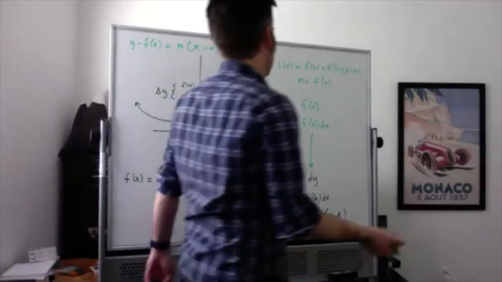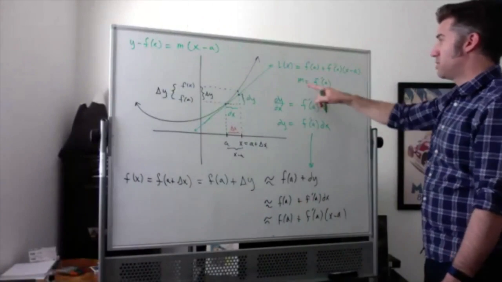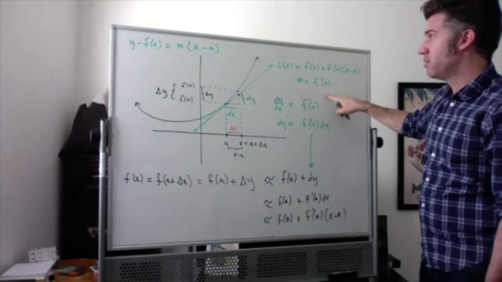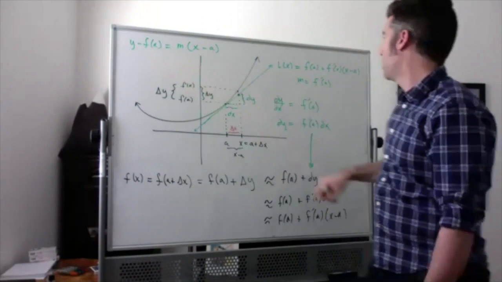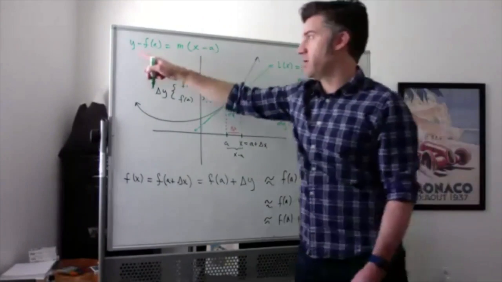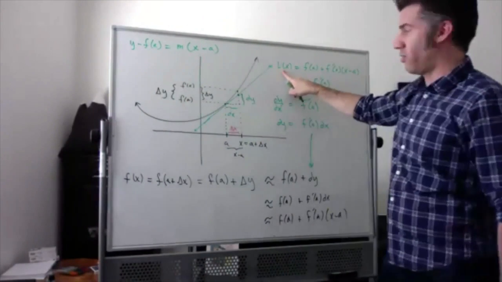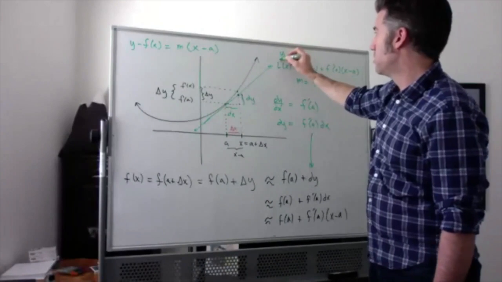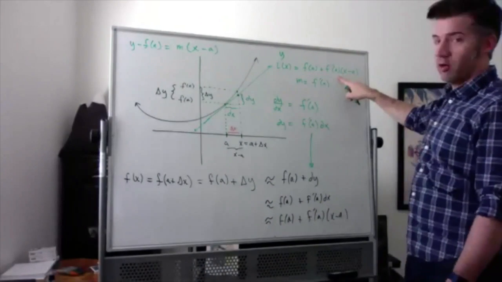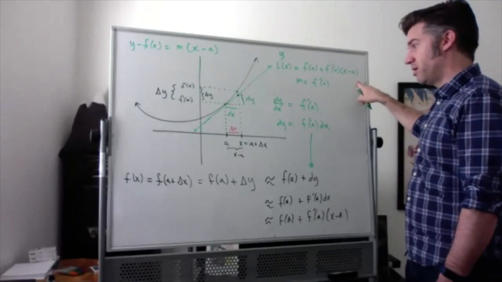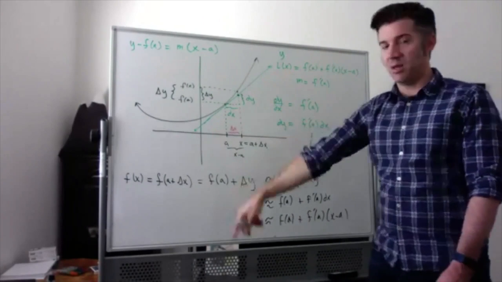But in this particular case, the slope is f prime of a, and the y value is f of a. And then we solve for y. So we write it as y, or L of x, equal to f of a plus the slope f prime of a times x minus a.